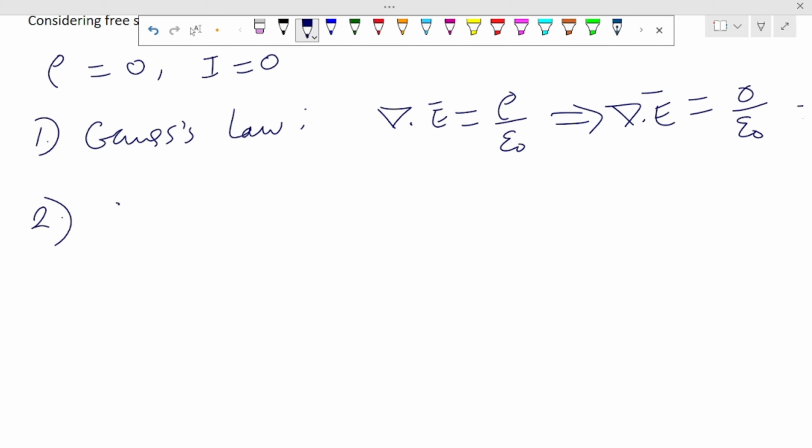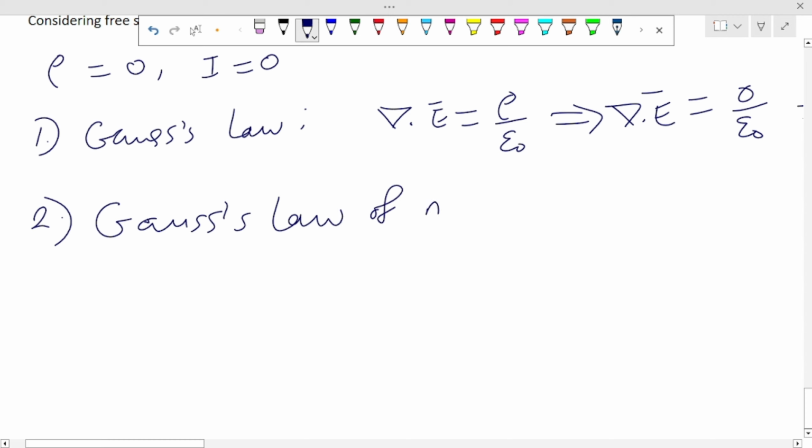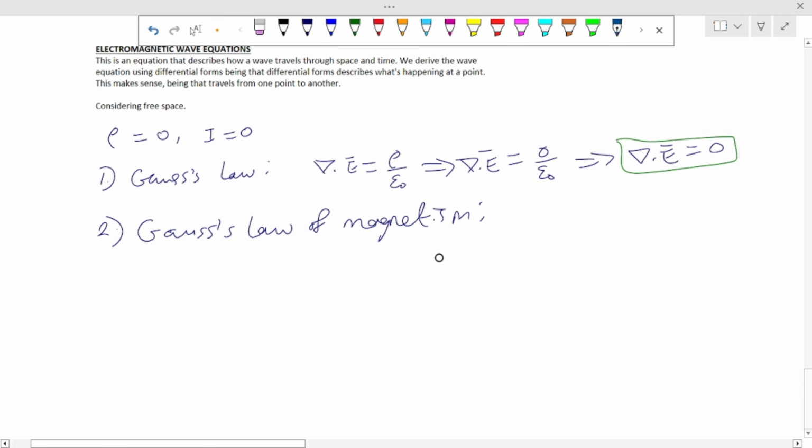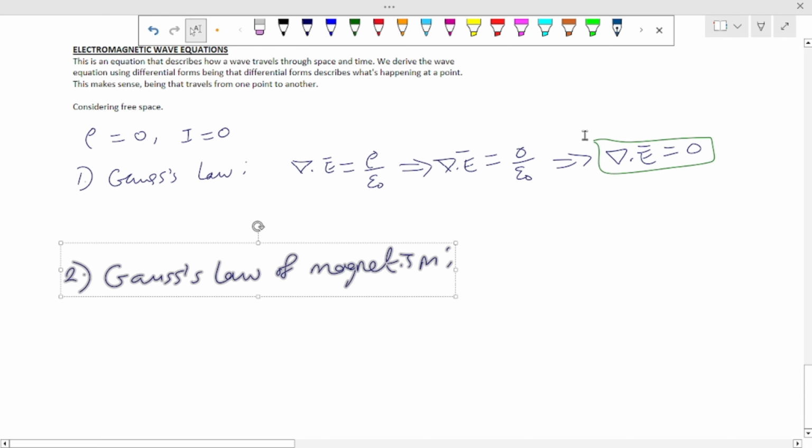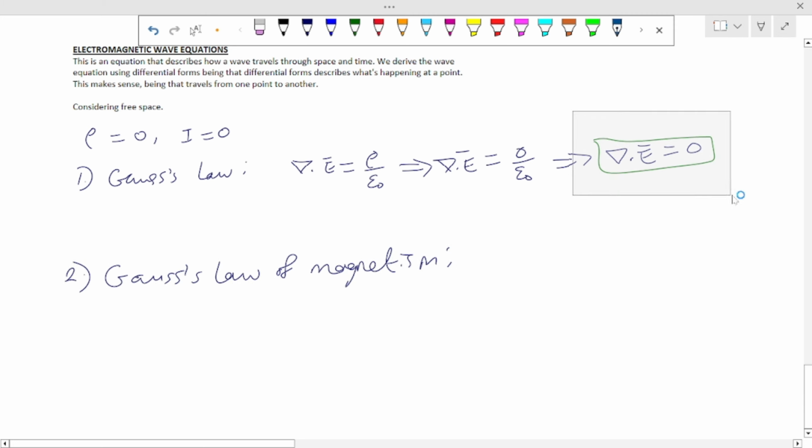The second one is Gauss's law of magnetism. Okay, I will bring this icon down so that everything is aligned. Hope we are following. And please, as you follow, use pen and paper, that will help you a lot.